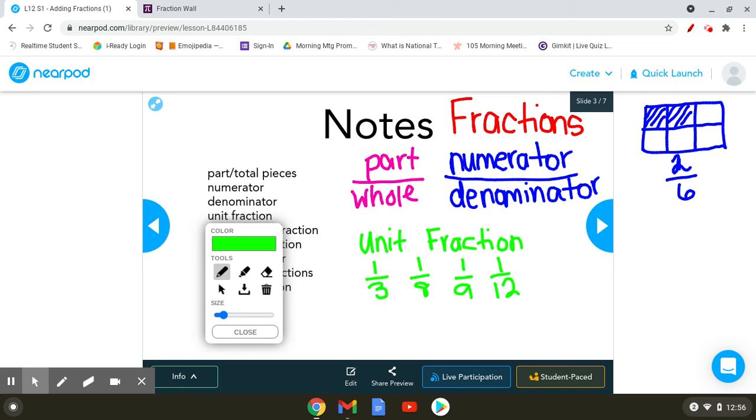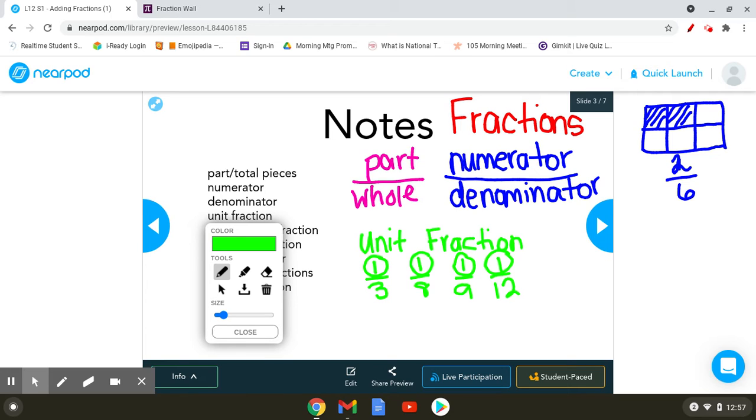These are all examples of unit fractions. So take a look. What do they all have in common? Hopefully you realized that they all started with a 1. So they all have a 1 in their numerator. So this is a unit fraction because it's talking about one unit or one piece.